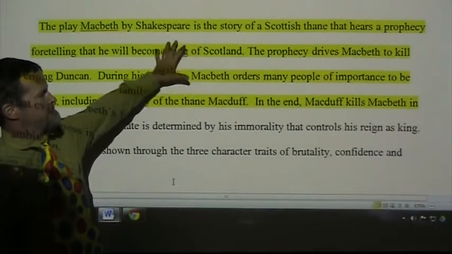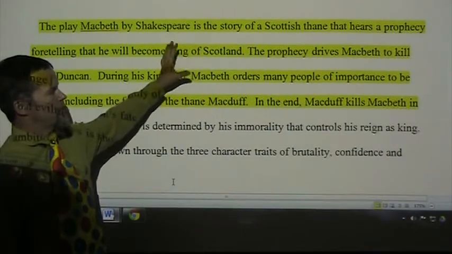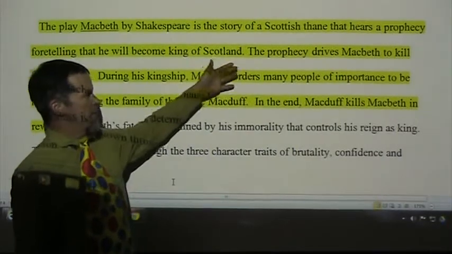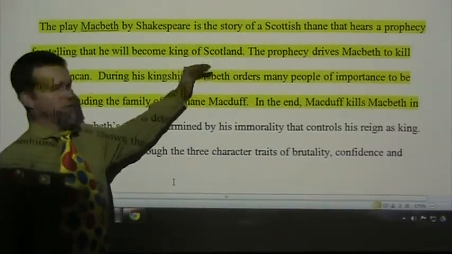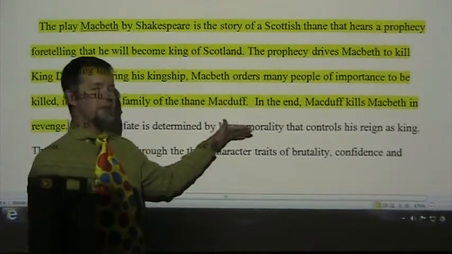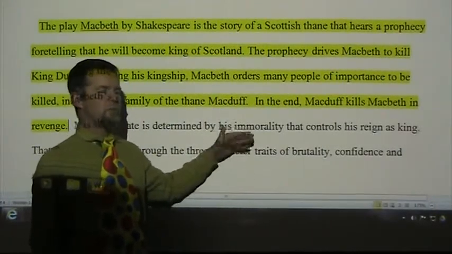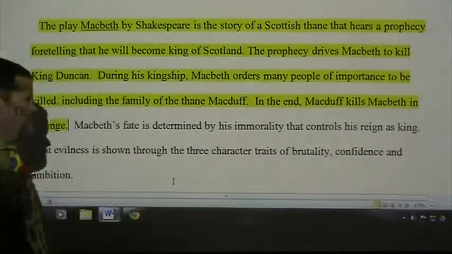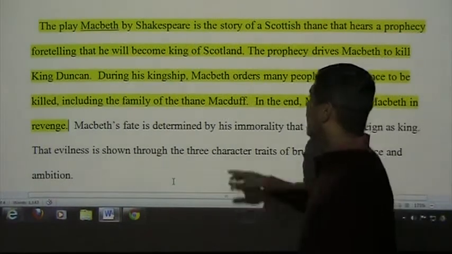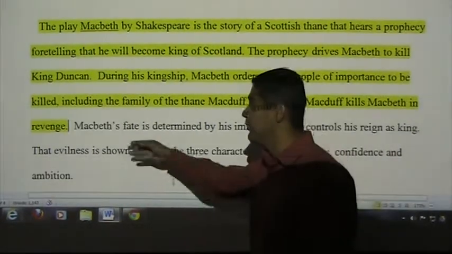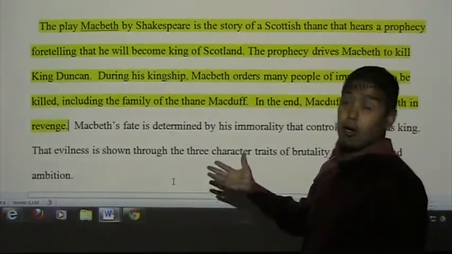As a forecast for the thesis, what I get from this essay forecast is that the prophecy is causing Macbeth to do evil things. So I assume that the thesis will also be about how and why Macbeth is evil. Now, Mr. Reichert's saying evil. I look at this last sentence as a little bit of a transition. In the end, Macduff kills Macbeth in revenge, which some of us might say are evil acts.